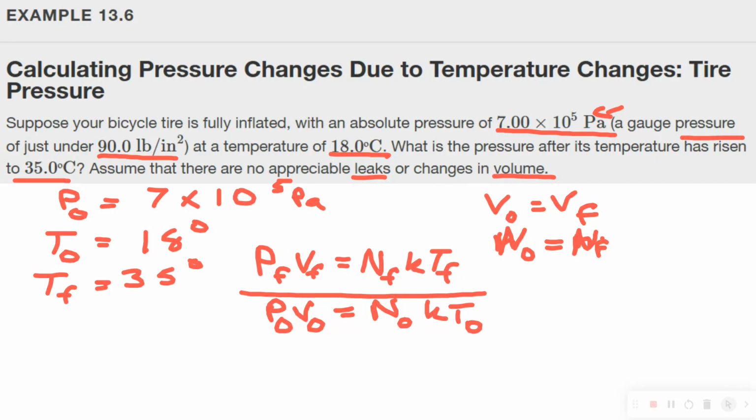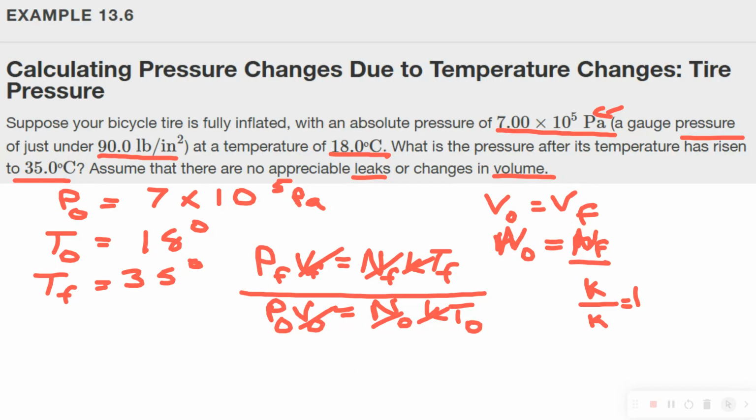Because there's no air leaks. So they're the same, so this reduces down to 1, right? And this reduces down to 1. And then the constant, Boltzmann's constant, reduces down to 1, right? So do you understand what I'm saying when I say K over K equals 1? And then I'm skipping the step where you would just substitute in one of these for the other, and so you'd have N_F over N_F or N_O over N_O.